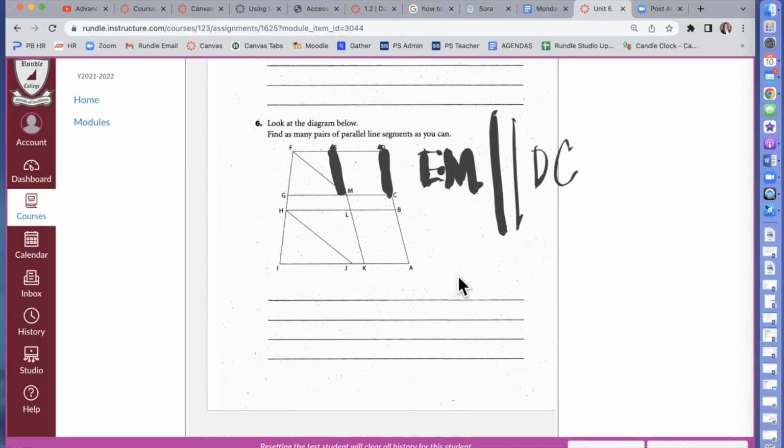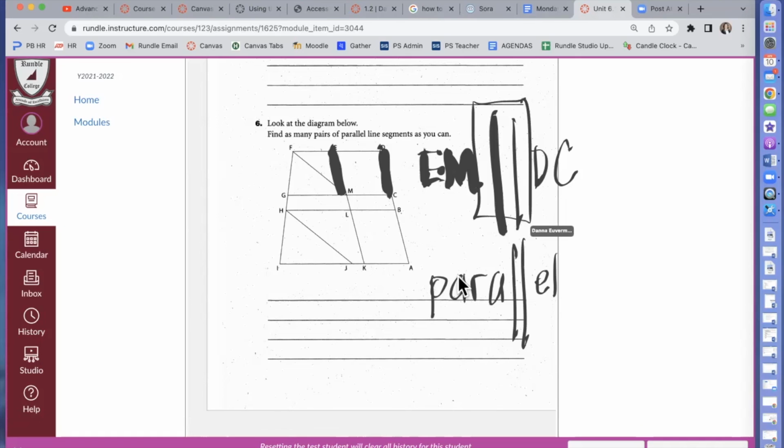Or today we're going to move on and talk perpendicular, and sometimes it's confusing which is which. If you were to write the word parallel, it looks just like the symbol that you use. So that's the trick that I use to remember what the parallel symbol is when I'm writing about some line segments or some lines. So just a little trick for you.